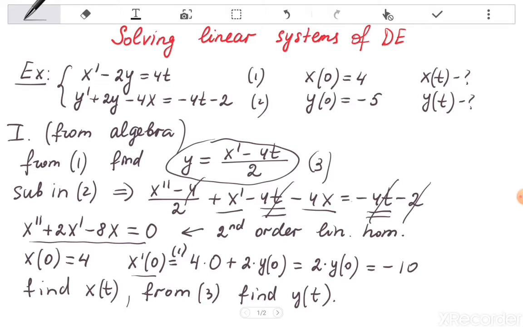Okay, but sometimes to get this equation 3 is not so easy. And let's consider another method which is applicable to more such systems.